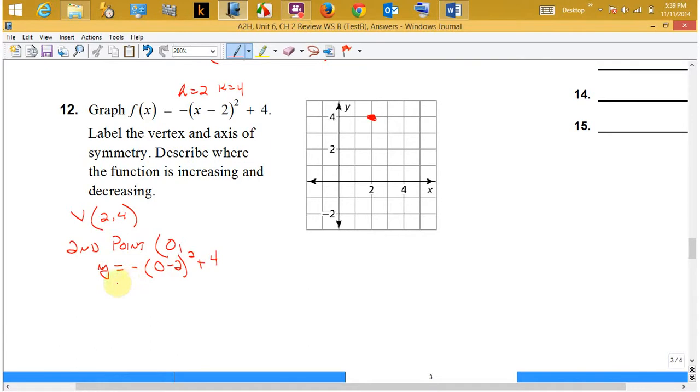That would be equal to negative 2 squared plus 4. A negative 2 squared is going to be 4, but there's a negative in front of it, so that would be negative 4 plus 4, which is equal to 0. So my second point would be (0, 0).